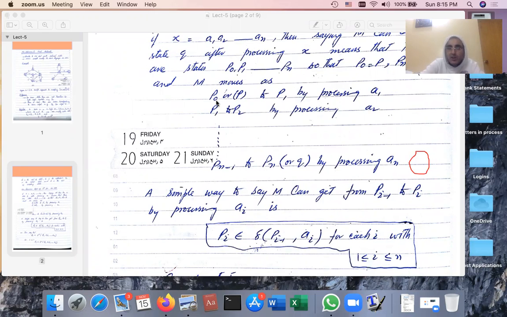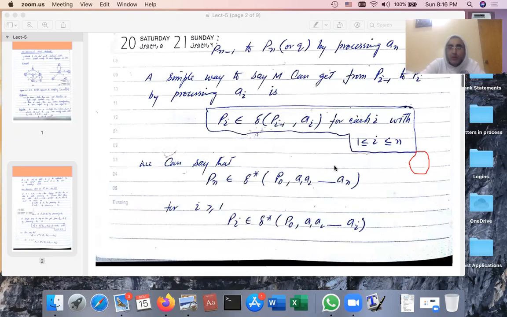We are not considering zero because that is the state where we start. From P0 to P1, we reach P1, then P2, then P3, and so on up to Pn. That's why our states start from P1, P2, P3, and so on, so i is greater than or equal to 1 and less than or equal to n.